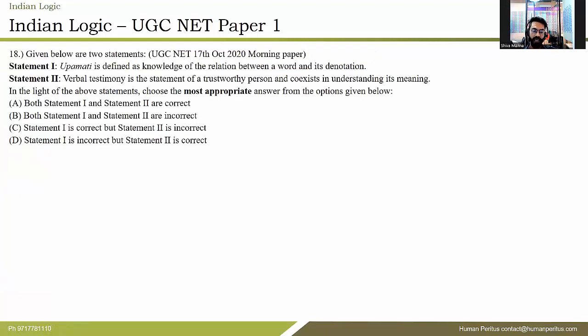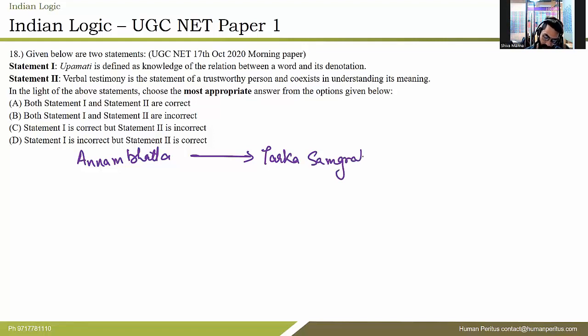The next question has talked about statements of upamiti as well as of verbal testimony. Now, before we go into this, let us talk a bit about knowledge or buddhi. There was a sage called Annam Bhatta. He gave a book called Tarka Samgraha.